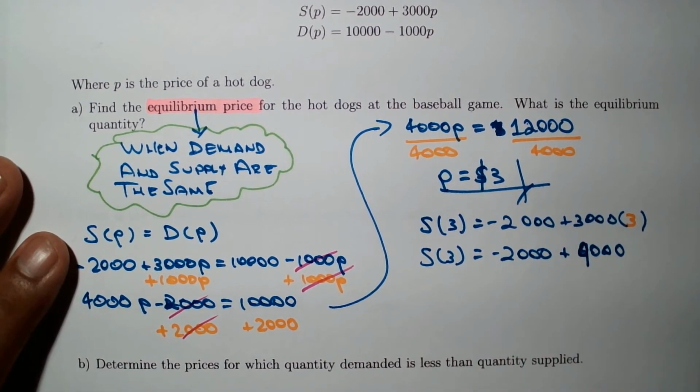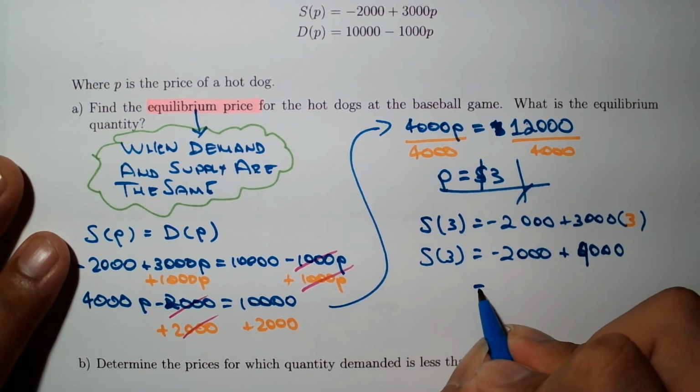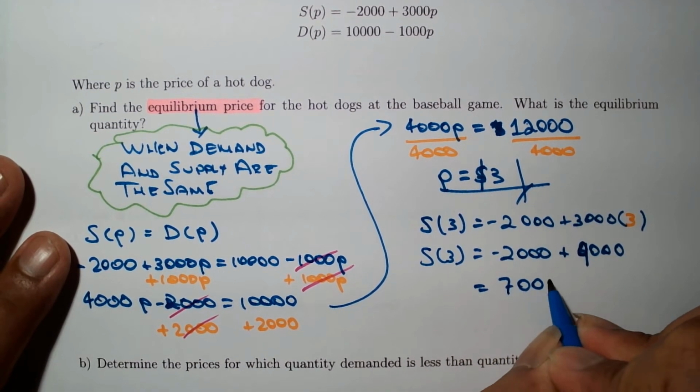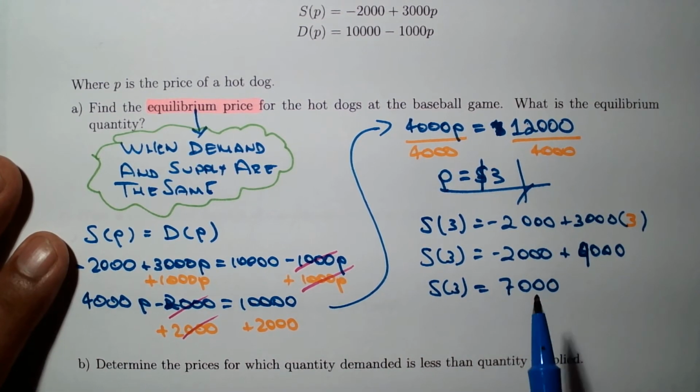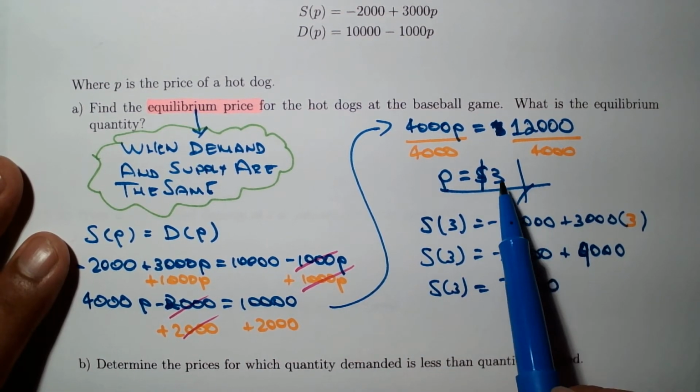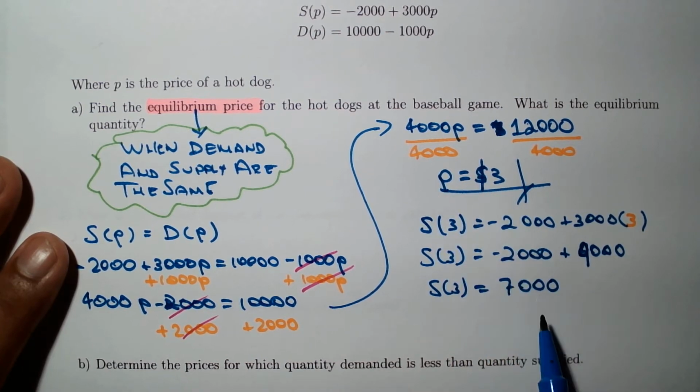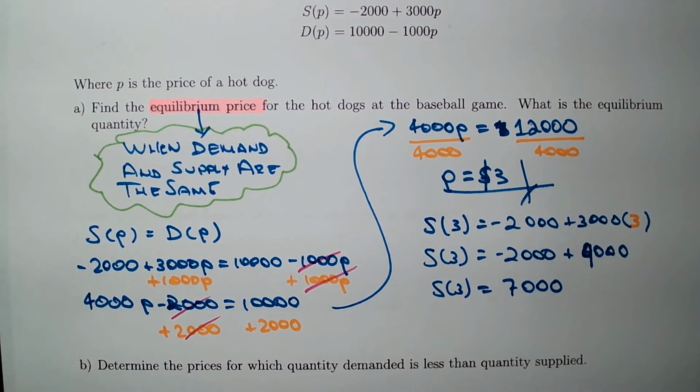So 9,000 minus 2,000, that's going to give us 7,000. So that's the equilibrium quantity. So selling hot dogs for $3 and 7,000 of them would be in equilibrium.